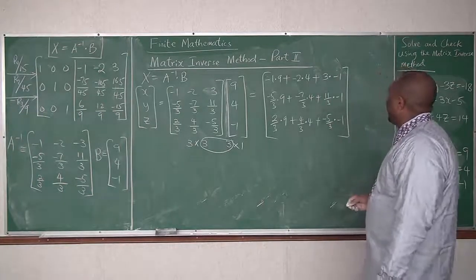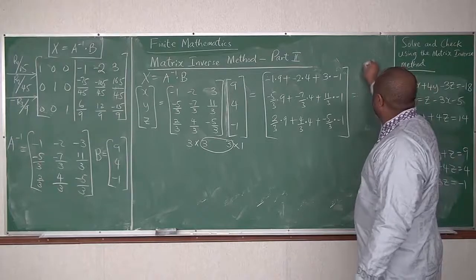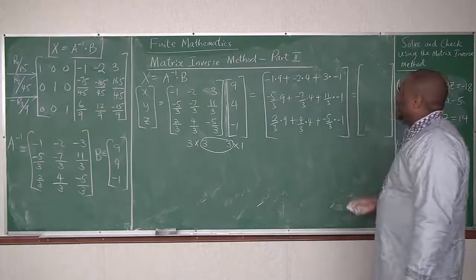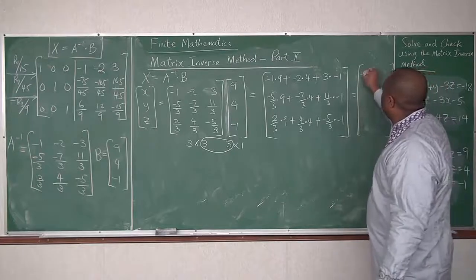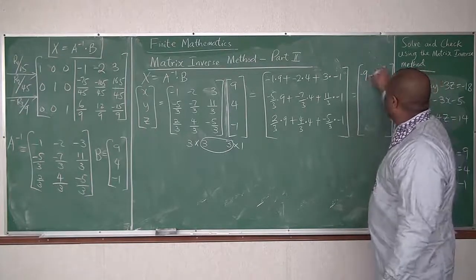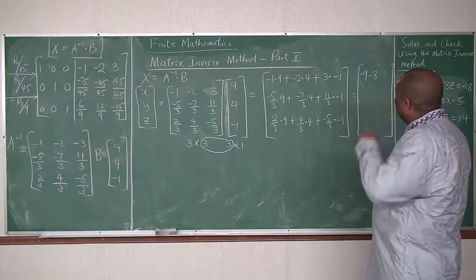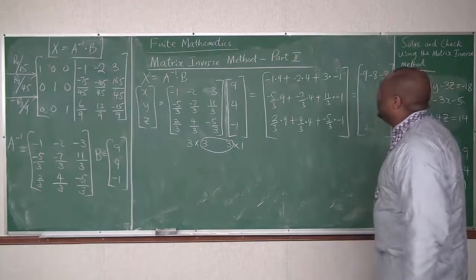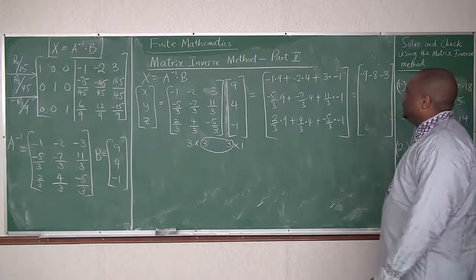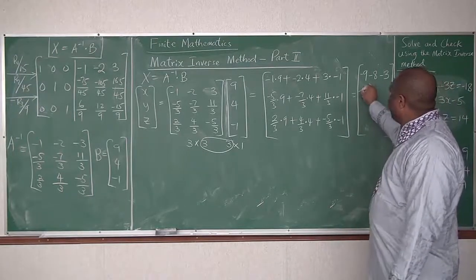What do we have? This will be negative 9 plus negative 8, minus 9 minus 8 minus 3. Right? Then this will be negative 45 over 3.